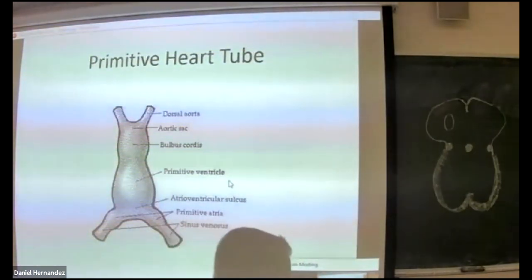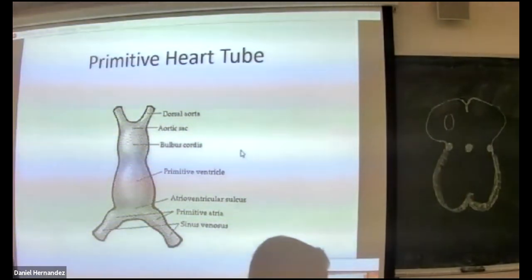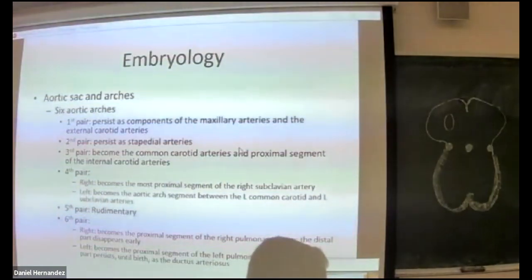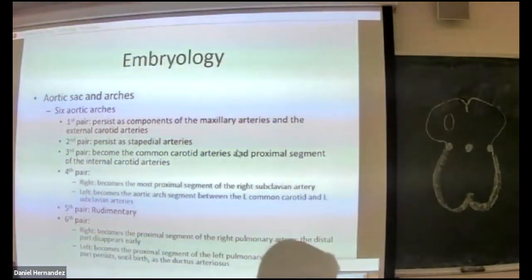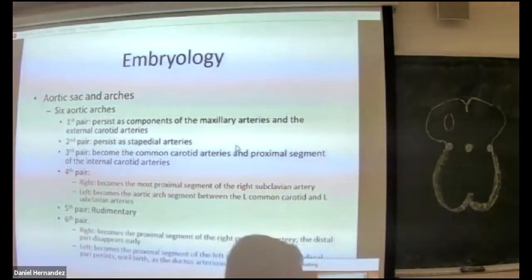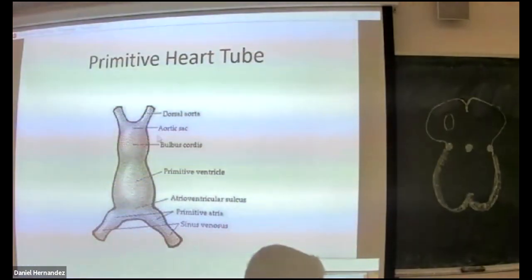It's another picture of your primitive heart tube. So if we go back, you see over here, this area, the aortic sac.